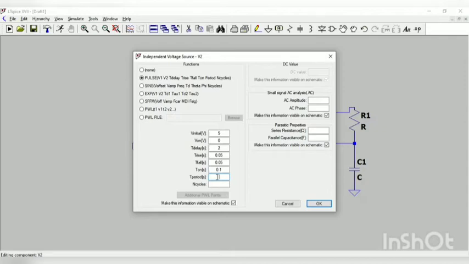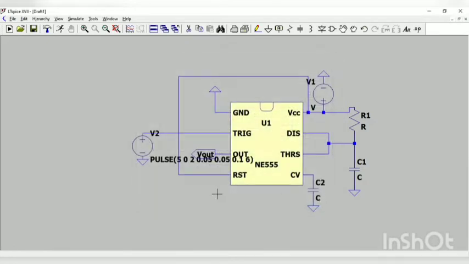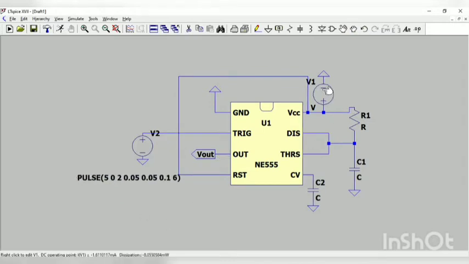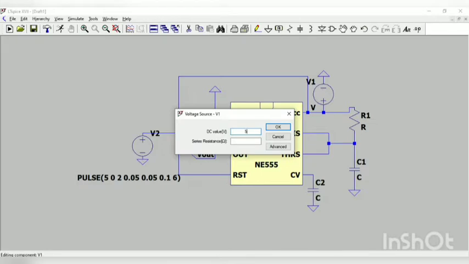Now the time period, let's keep for now at 6 seconds, and any number of cycles. So these are my trigger pulses. This VCC should be at 5 volts.